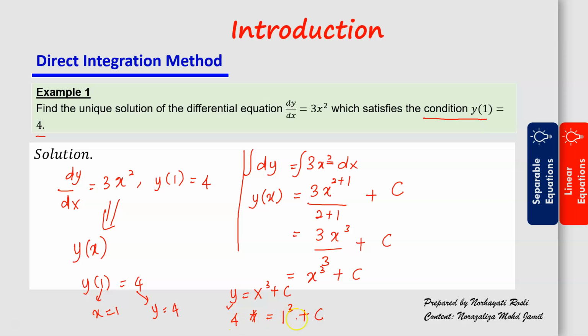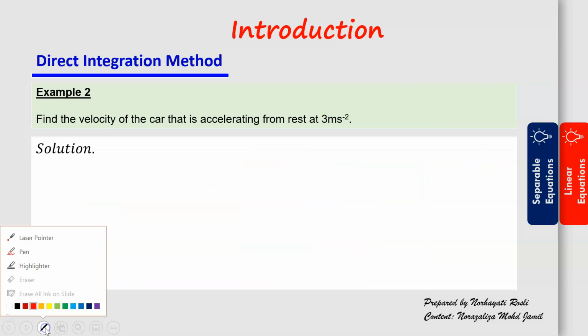Solving this equation, c equal to 4 minus 1, which is 3. Finally, when I substitute this c in the equation, I get y(x) equal to x to the power of 3 plus 3. So this is the unique solution of dy/dx equal to 3x squared.